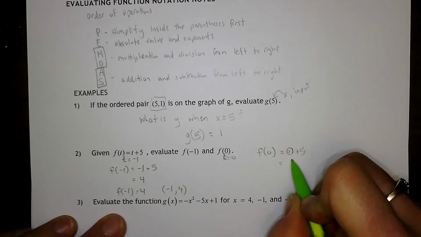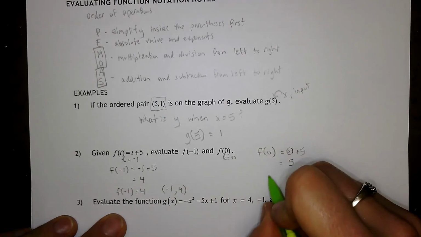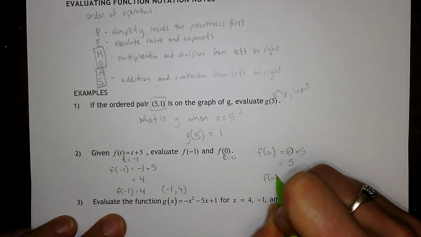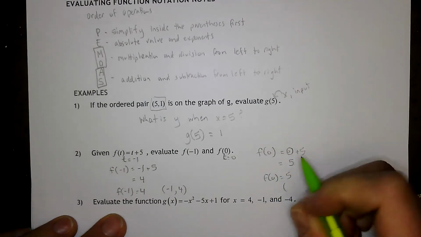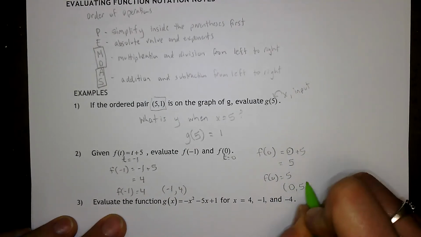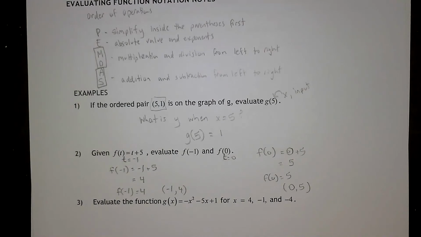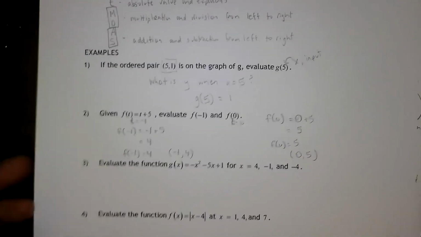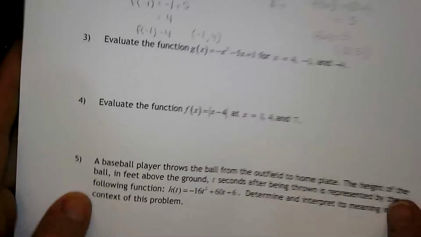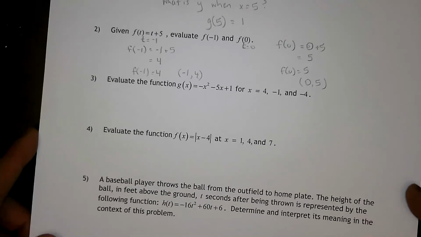So f of 0 is 5, which means that another solution is 0 and 5. All right, let me get this scooted up a little bit.